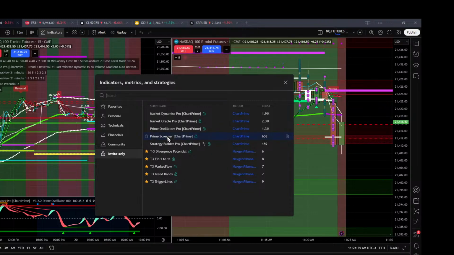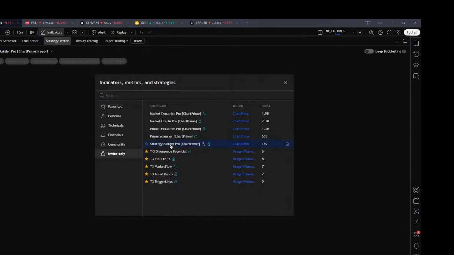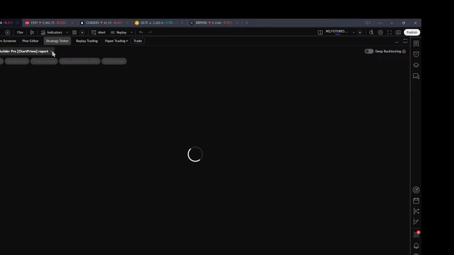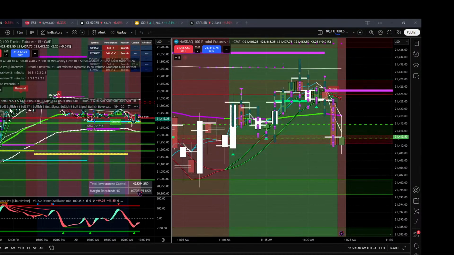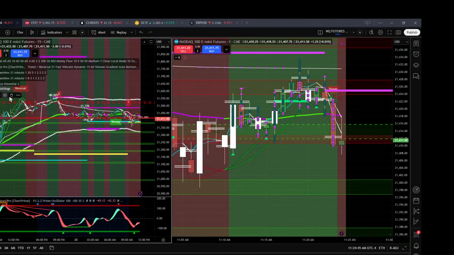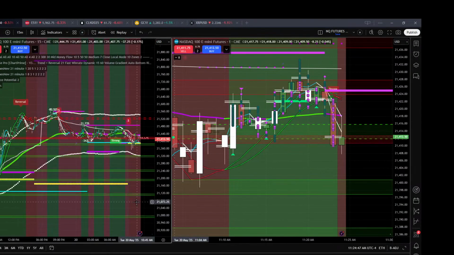Prime Screener. I'm not sure what that does. Strategy Builder. So you could even build a strategy, I suppose. There's your report. So there's a lot of tools that you can use. There's more than just the zones. We're just using the zones.